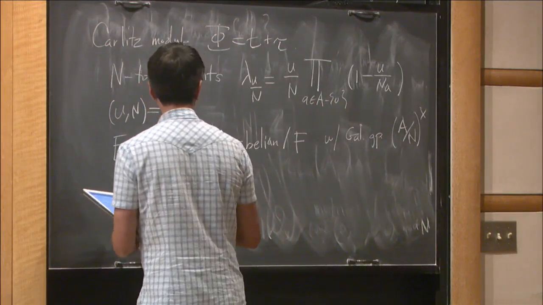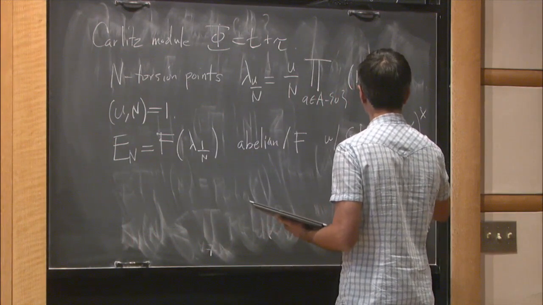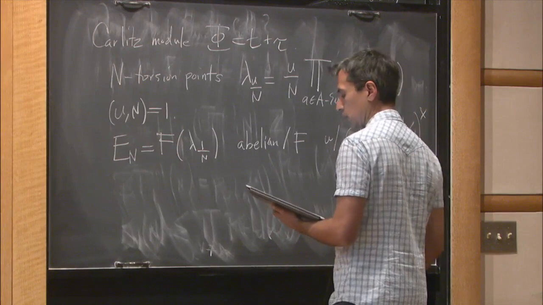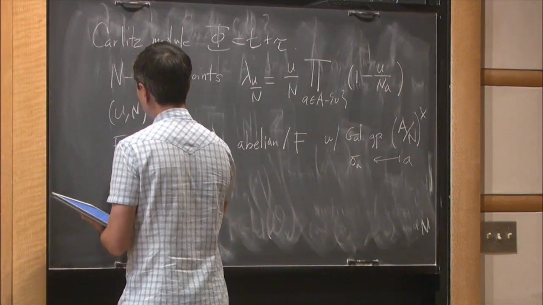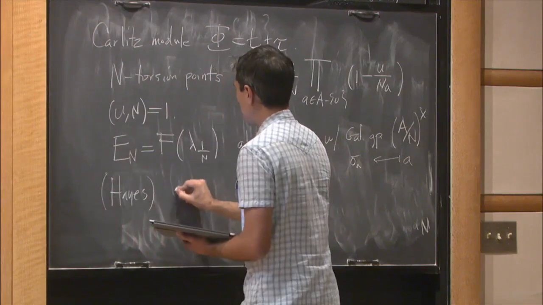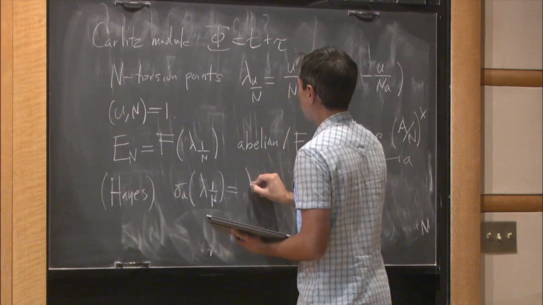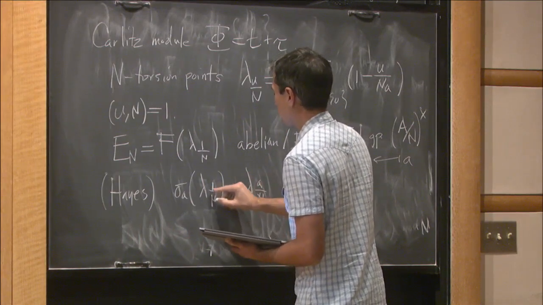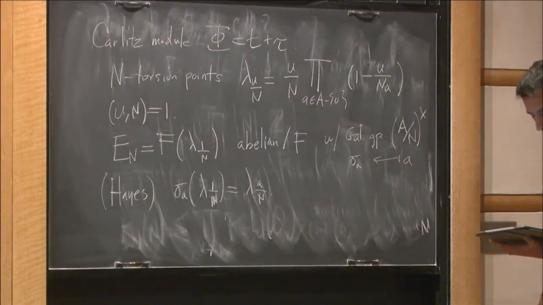And so if a corresponds to sigma_a in the Galois group, then I guess this is Hayes here: sigma_a lambda_{1/n} is lambda_{a/n}. It really does only depend on a mod n.